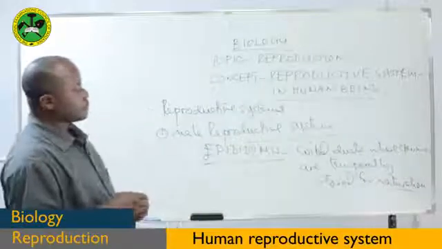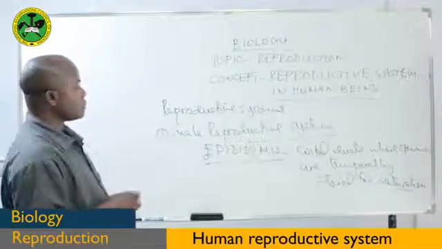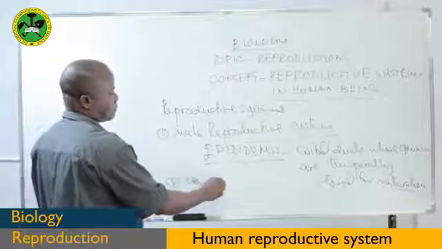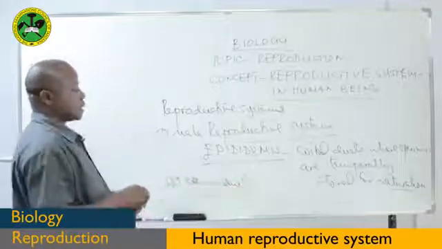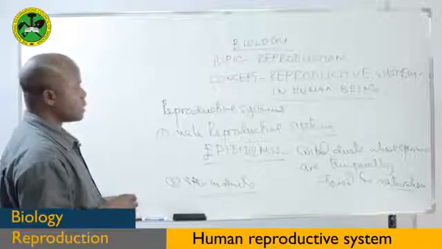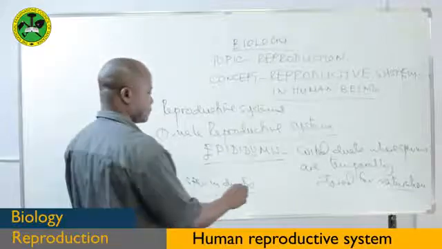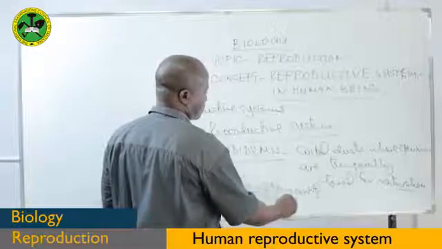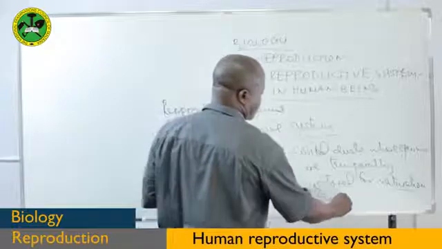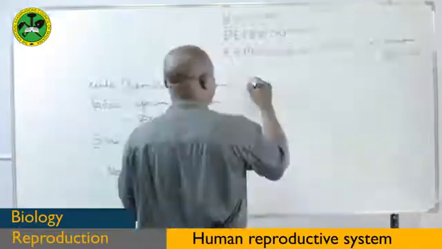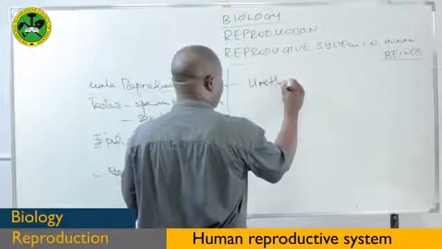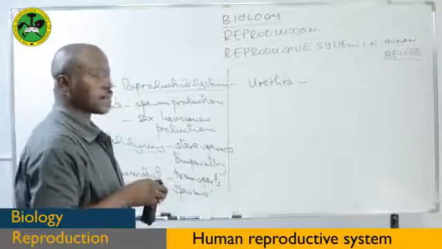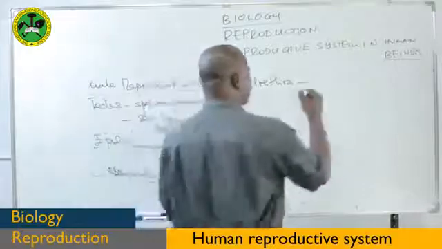Not only that, the male reproductive system also consists of the sperm ducts. The sperm ducts transport the spermatozoa from the epididymis to the urethra. The urethra transports spermatozoa from the inner part of the male reproductive system to the female reproductive tract.